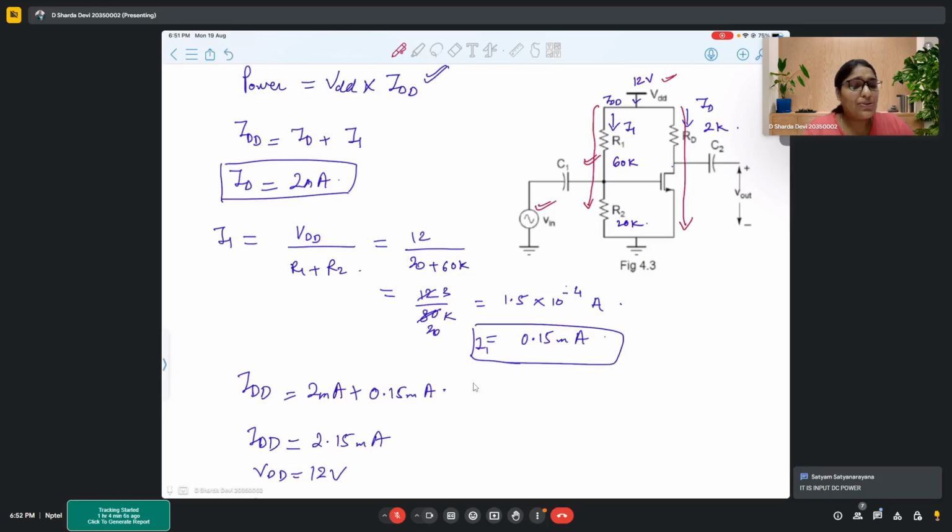See, we don't use the term input for the power supply. When we talk about input, it is always the signal that we talk about as input. So this VDD is not an input, it's the power supply.